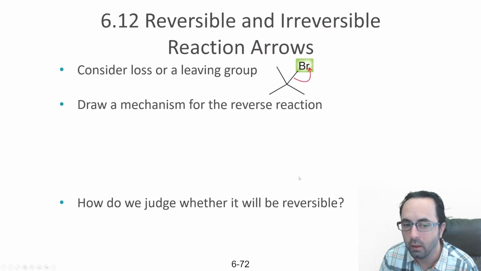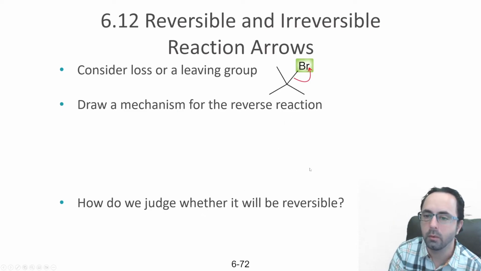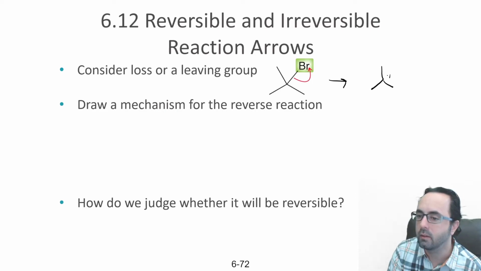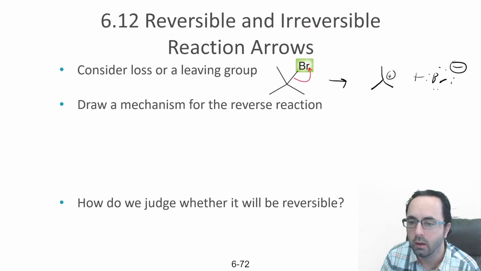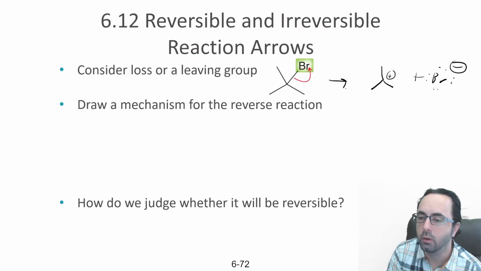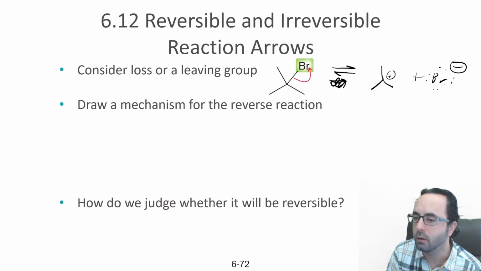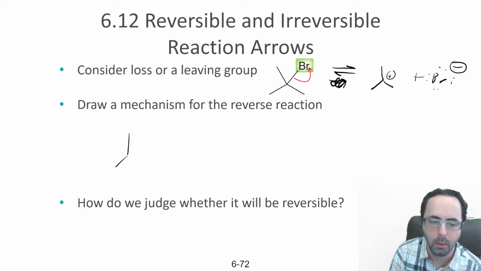So consider the loss of the leaving group. This occurs and we get this product here. I'm going to do a double arrow here because we can probably pretty easily see that this bromide is a nucleophile. It's going to be attracted to this positive formal charge. So the reverse reaction could totally happen.